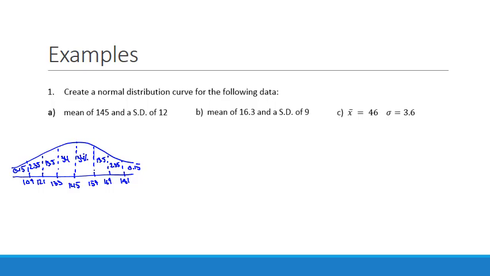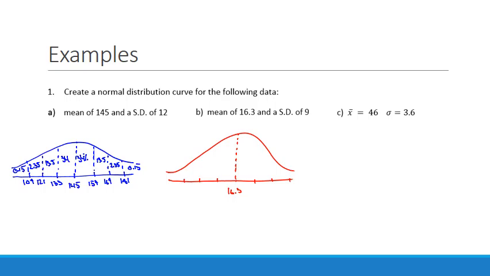Okay, for B, a little bit better bell curve. My highest point should be in the middle, and I want to put that in the middle of my line. I want to have 16.3 here, and then 1, 2, 3 standard deviations above, 1, 2, 3 standard deviations below we're going to go.